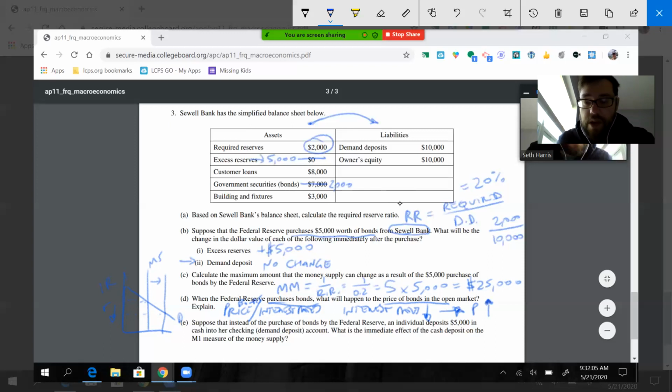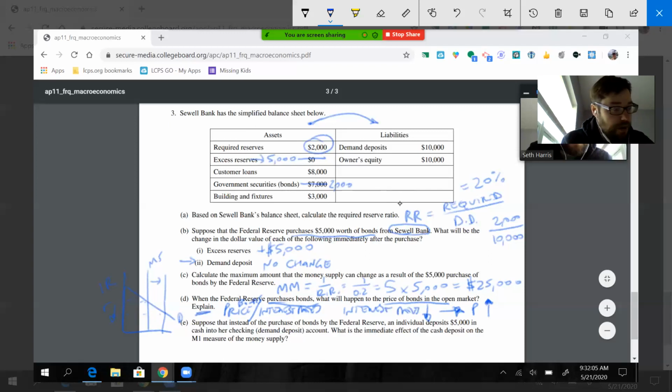So there's a little roundabout logic you have to go through to get to that one. And your explanation should definitely integrate, okay, the fact that interest rates are decreasing due to the increased money supply, then the price of the bonds must be increasing.